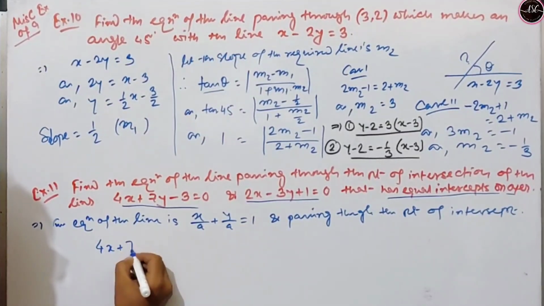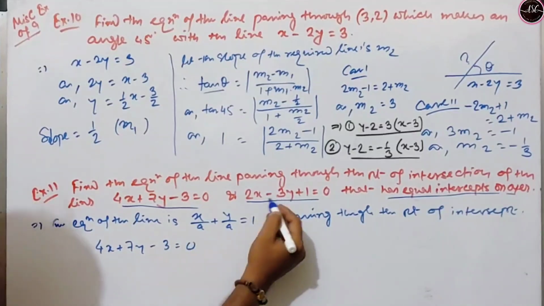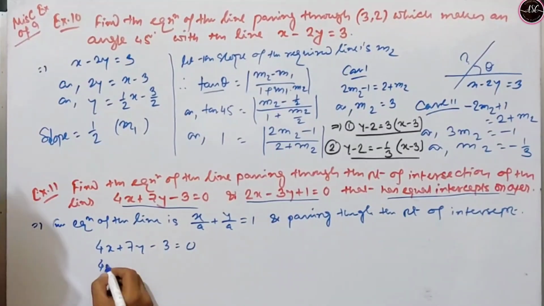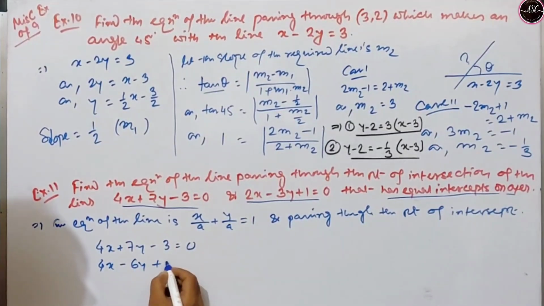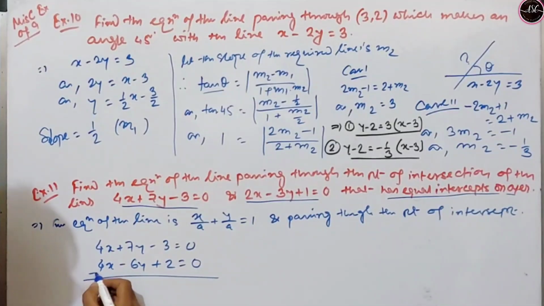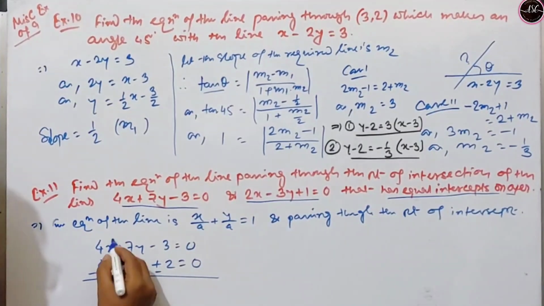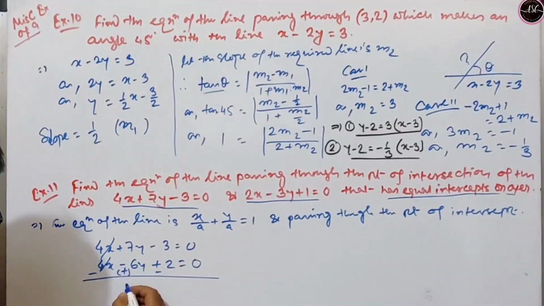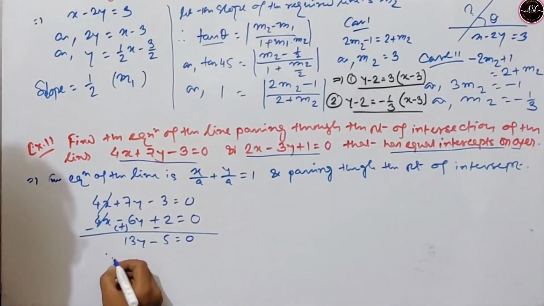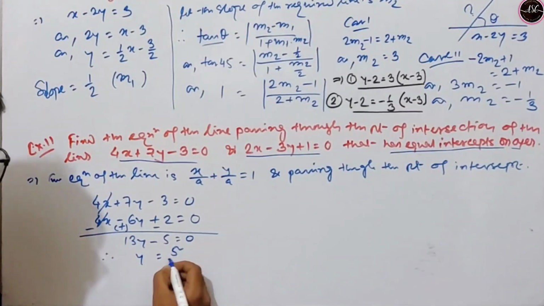So just solve these equations. 4x plus 7y minus 3 equal to 0, and just multiply 2 with the other, so we get 4x minus 6y plus 2 equal to 0. Just subtract both, we get plus, this is minus. So 4x minus 4x will be cancelled out, and here we get 13y minus 5 equal to 0, or y equal to 5 by 13.